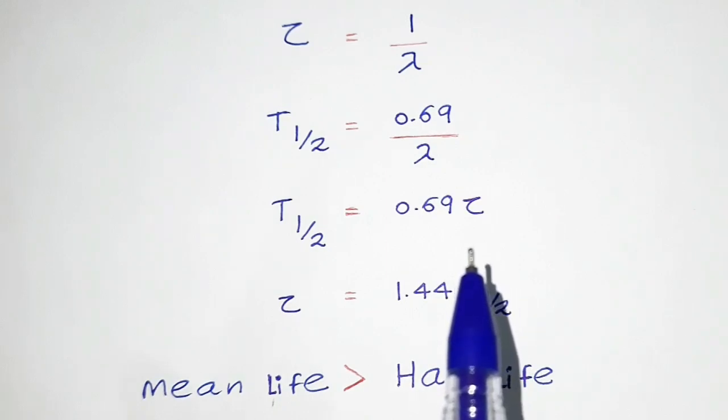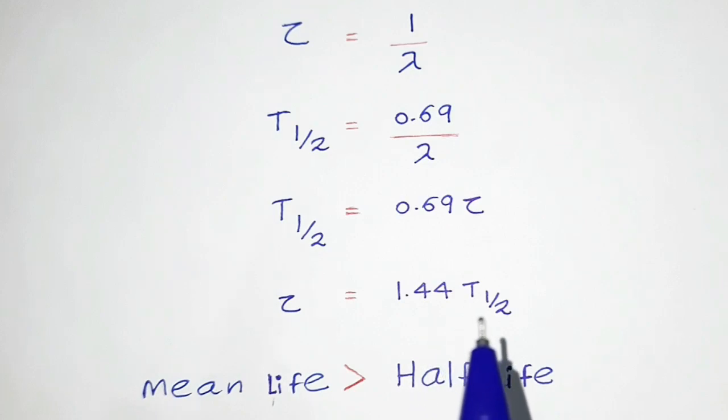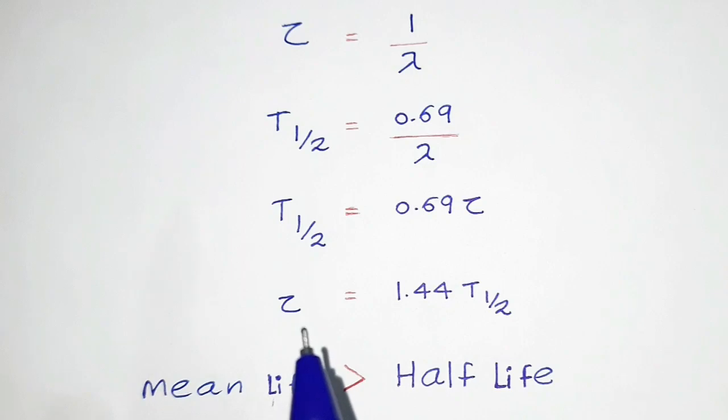So we can obtain that tau is equal to 1.44 times T half, where T half is the half-life time and tau is the average lifespan of the radioactive sample. From this it is observable that the mean lifetime of the radioactive sample is greater than the half-life of the radioactive sample. So guys, that is about half-life and mean life of a radioactive sample.